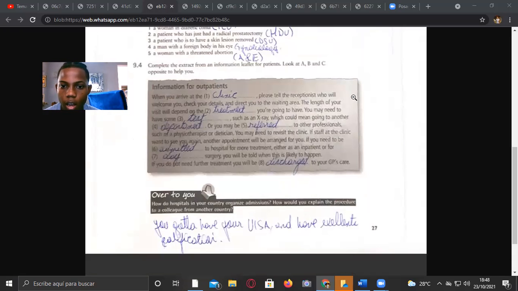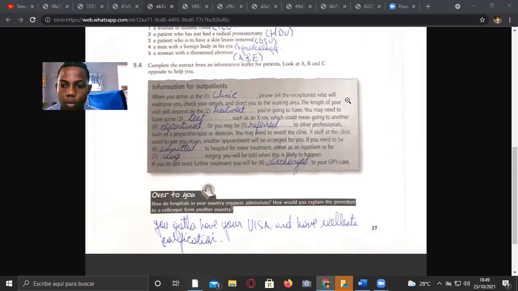The length of your visit will depend on the treatment you're going to have. You may need to have some tests such as X-ray, which could mean going to another department, or you may be referred to other professionals, such as a physiotherapist or dietitian.